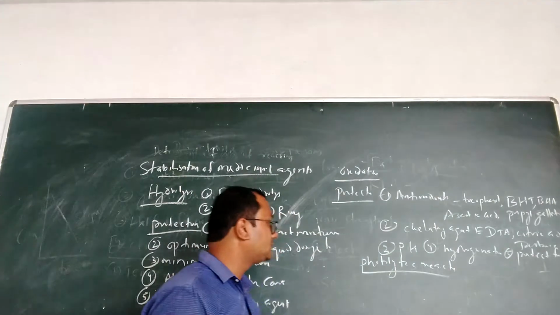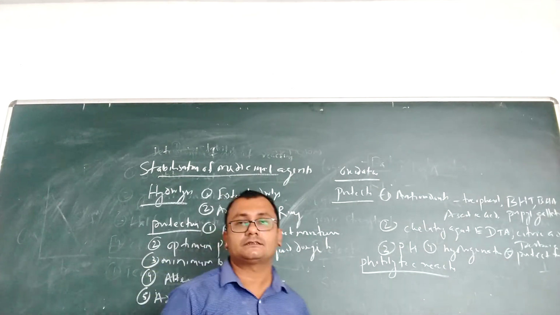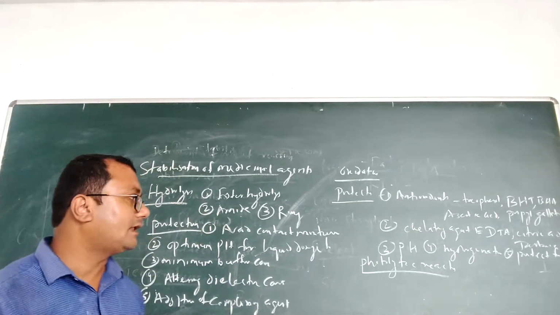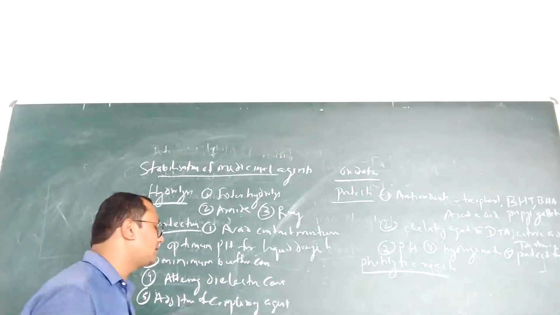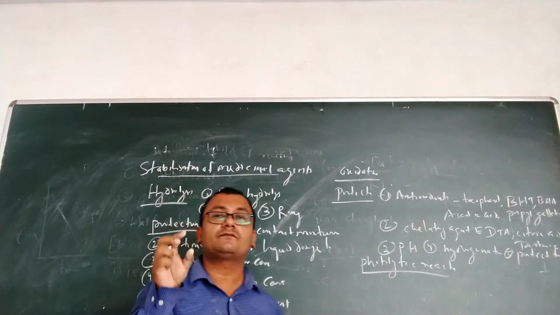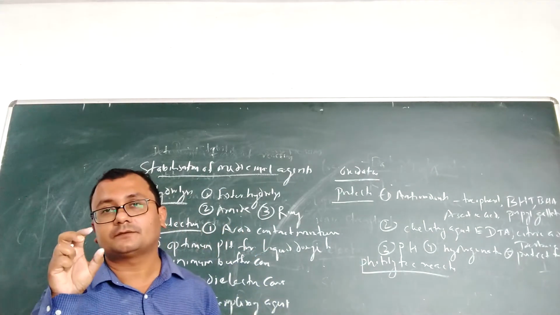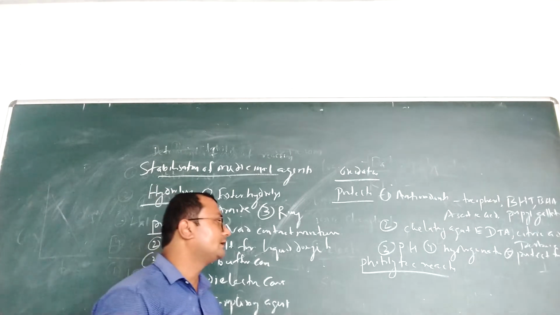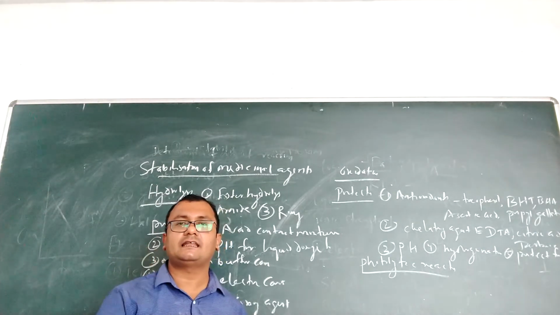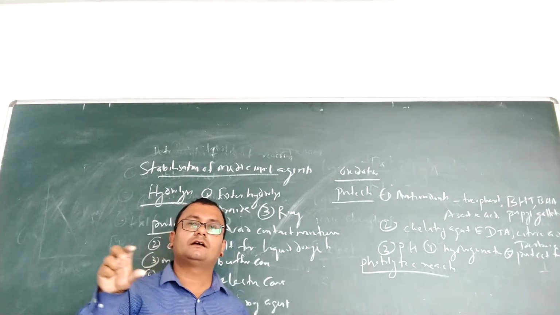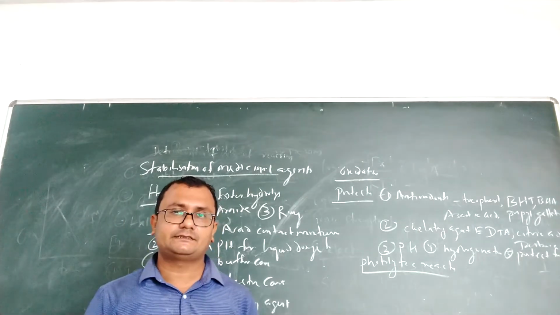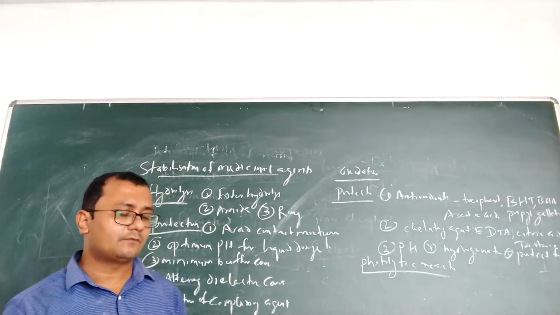Then coming to the most important part, the photolytic reaction or photolysis, and how to prevent it. A photolytic reaction means that due to the presence of light, medicinal substances will decompose. It generally occurs when we keep substances in direct sunlight or UV light.